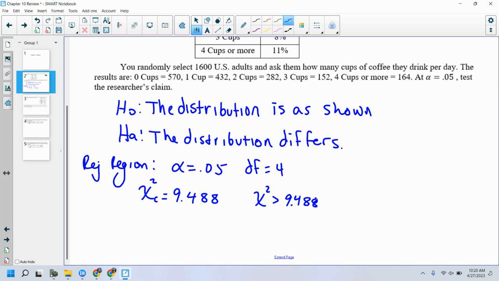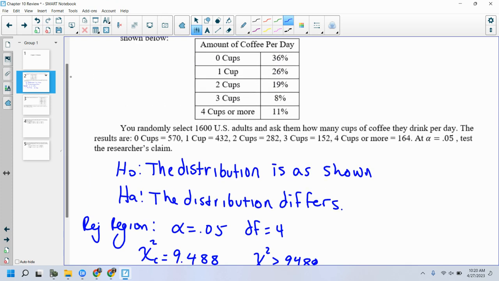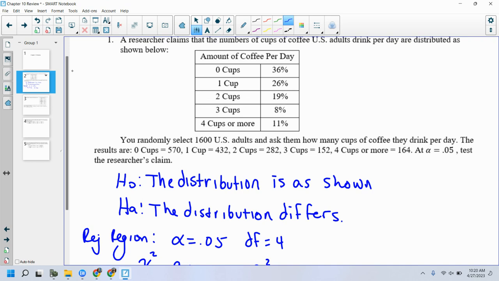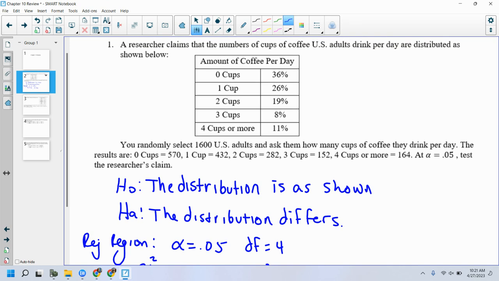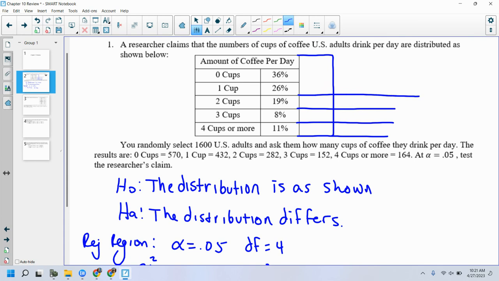All right, so let's actually find chi-square. Now I'm going to go back up here, and I'm just going to make additional columns to the table. Okay, so let's find O, then E, and then we're going to find (O minus E) squared over E, because that's chi-squared.